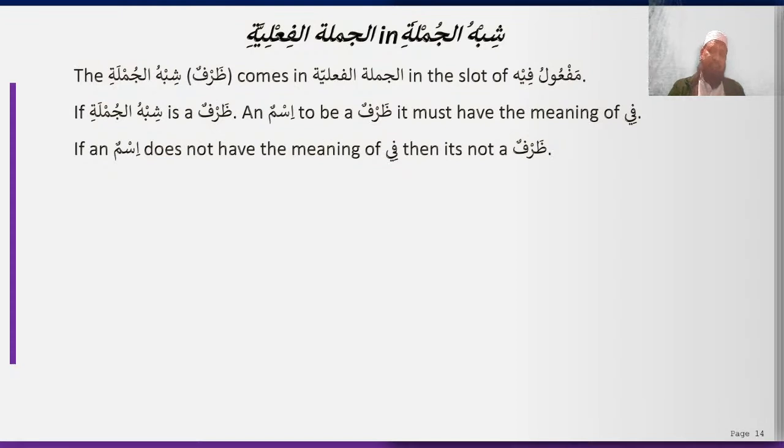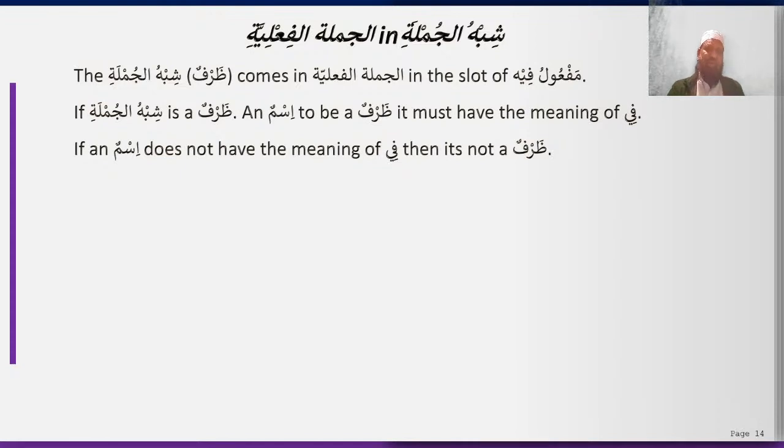So all the ظرف اسم we have learnt, we assumed the في meaning in it. But if some words from the ظروف الزمان and ظروف المكان don't have the في meaning, it will not be a ظرف, even though it is from the group of ظرف الزمان or ظرف المكان.